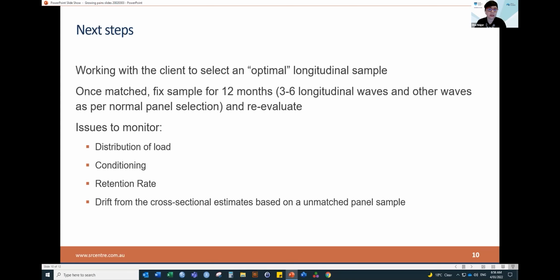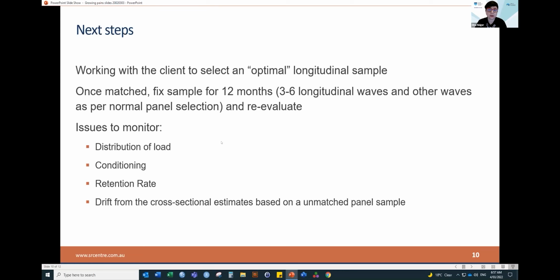Other issues that we're still working on and need to monitor carefully are making sure that we are not overloading a particular type of respondent, and issues of conditioning and retention rate as well, both for the longitudinal and other panelists in the sample.